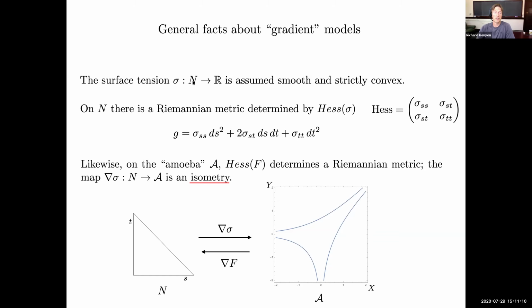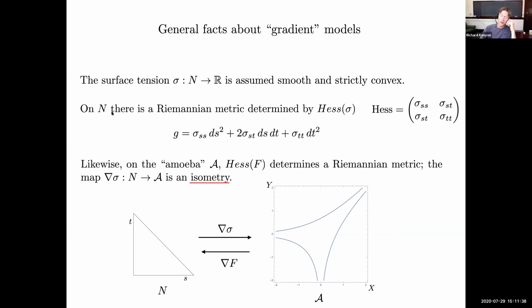This is something in 2 dimensions. It takes real values, and it's assumed strictly convex and smooth. And so in the Lozenge tiling case, this N is just that triangle, the unit triangle. But for other models, even other dimer models, N can be some arbitrary domain, even the whole plane.